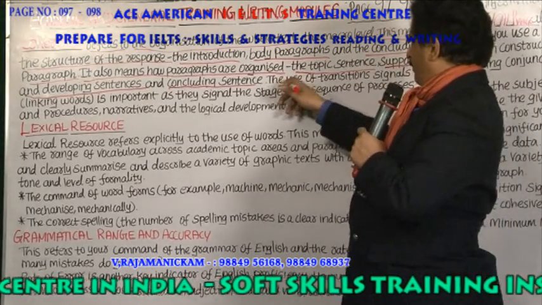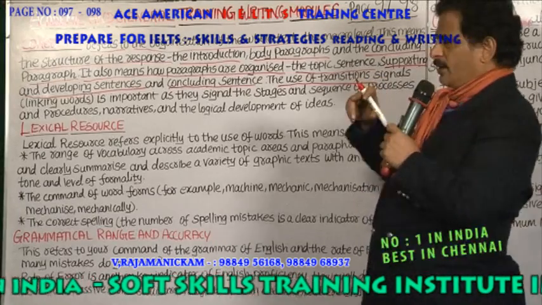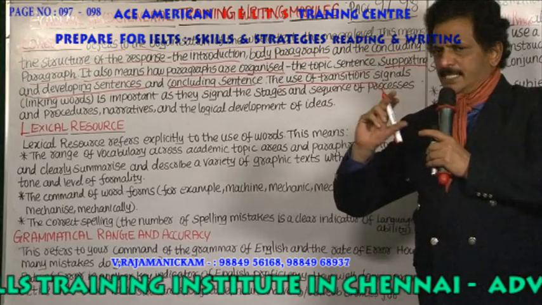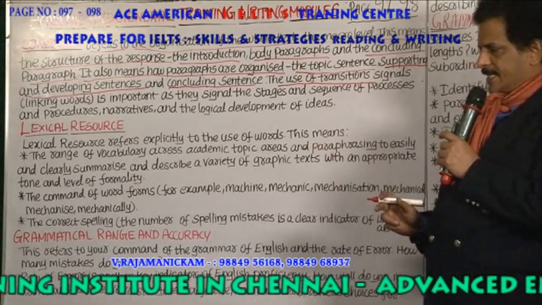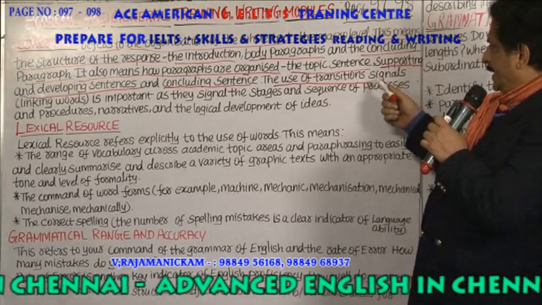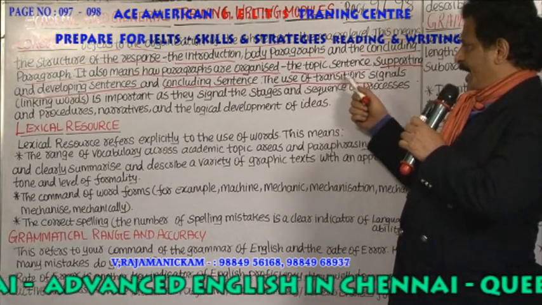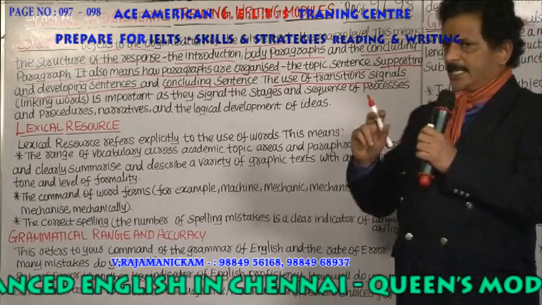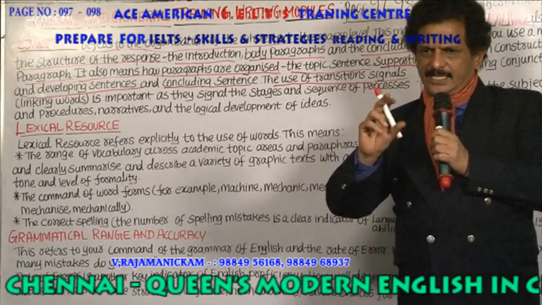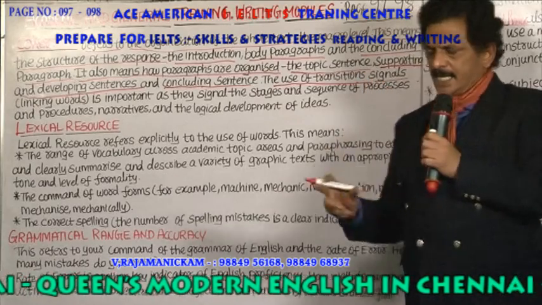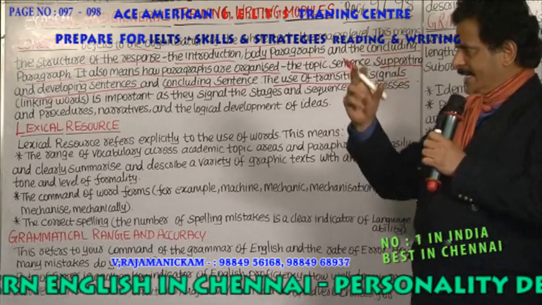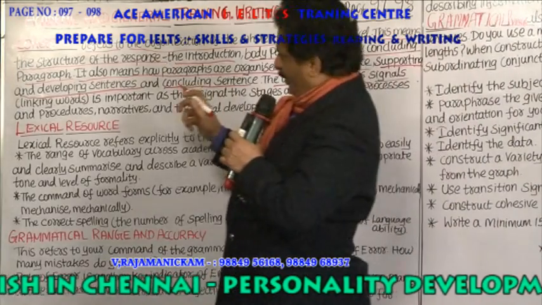So, the use of transitions. In a paragraph, you are changing from one sentence to another sentence. So here, the use of transition signals. That is changing from one sentence and connecting with another sentence, or changing the ideas. The transition from one idea to another idea, that is the linking words.